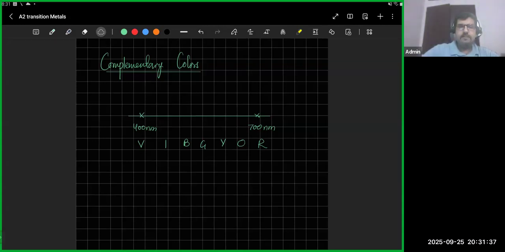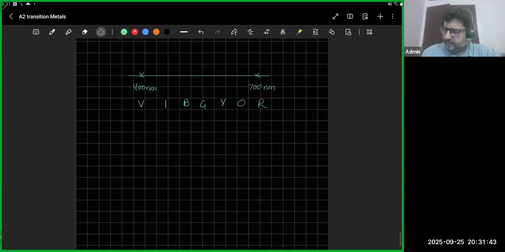Let me just Google a chart on complementary colors. Okay, instead of Googling it, I'll make a circle. So it's violet, indigo, blue, green, yellow, orange, and red.